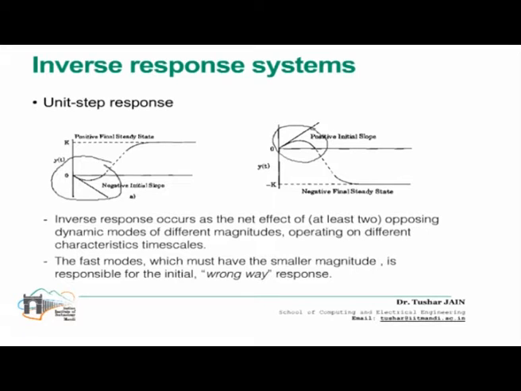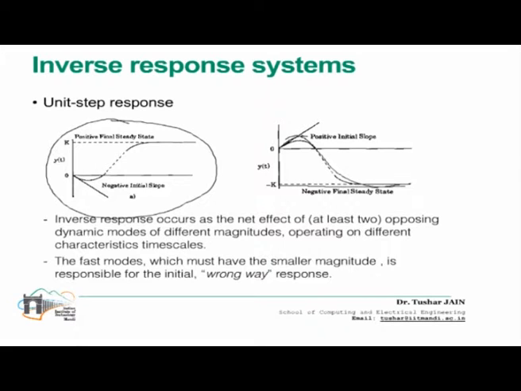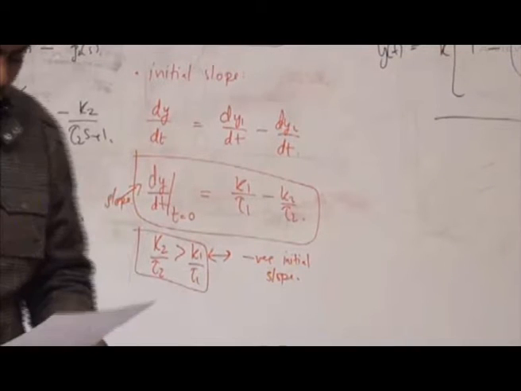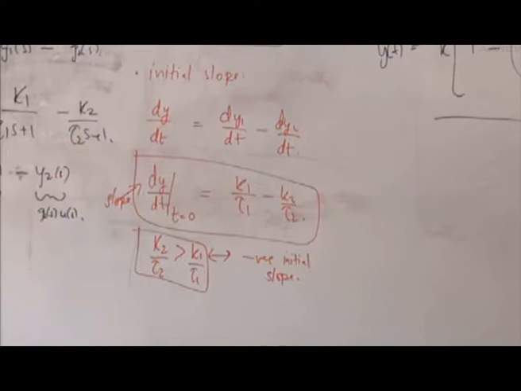Let's assume that the final steady state value is positive for the inverse response system; it will go first in the wrong direction because of the negative initial slope, and then it will reach the steady state value. Similarly it happens for the other case.